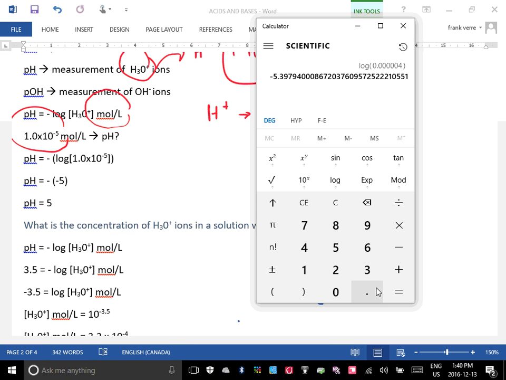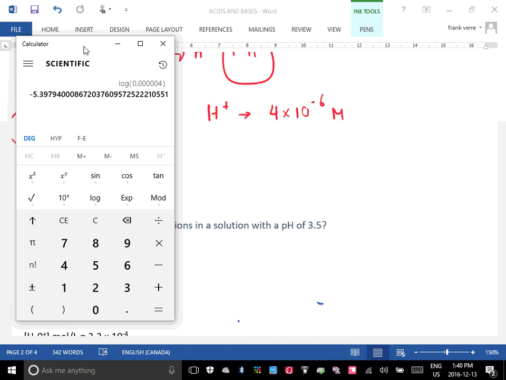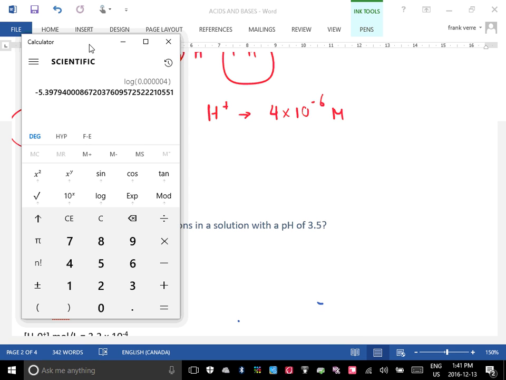Then we take the negative value of that. Okay, so you can see in the answer it's going to be pH of 5.4, right? Because you get negative 5.4, and the negative value is 5.4. So that's how you go from concentration to pH.